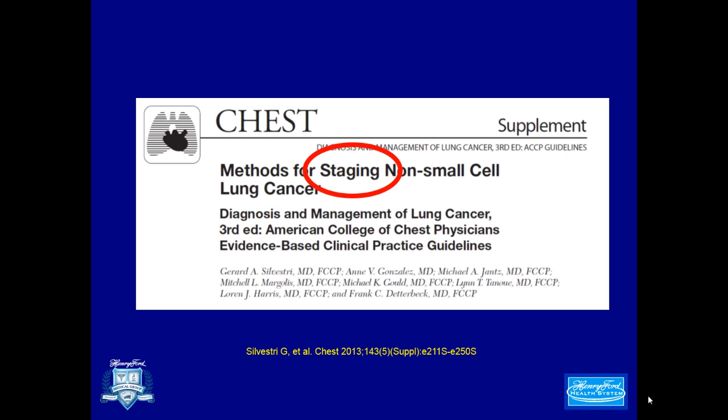Staging. And I'm talking about staging not only in the sense of once you diagnose the patient with lung cancer, but also in patients who you suspect already have lung cancer. What can you do for staging the patient?